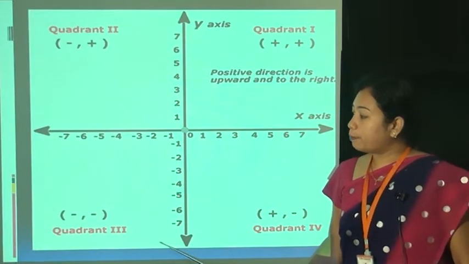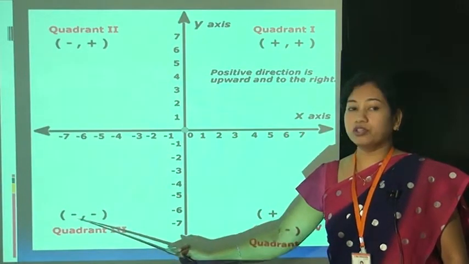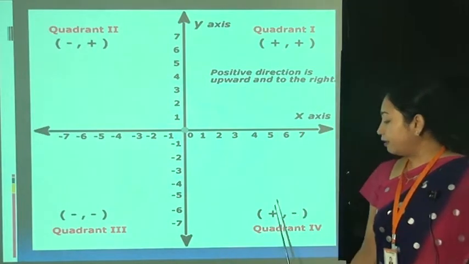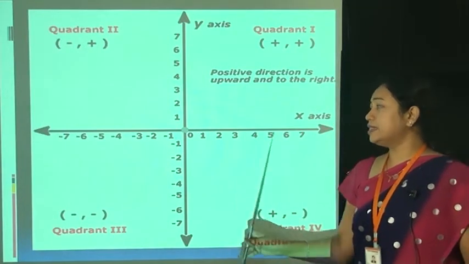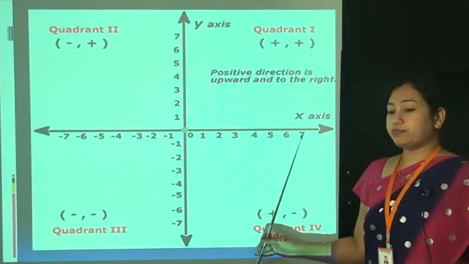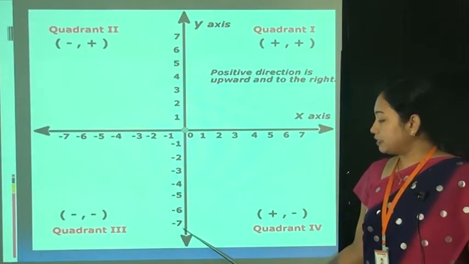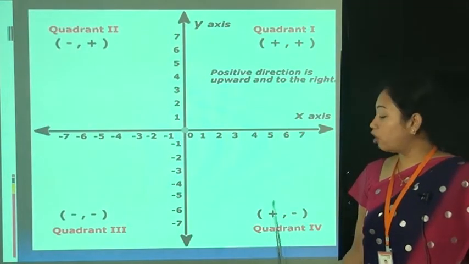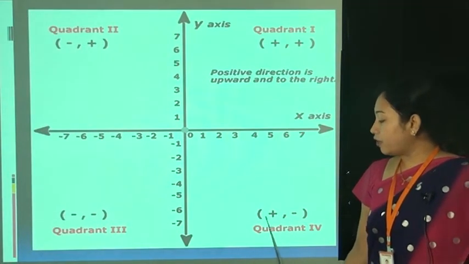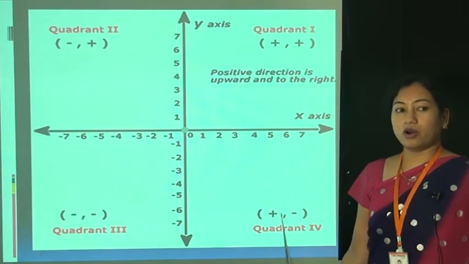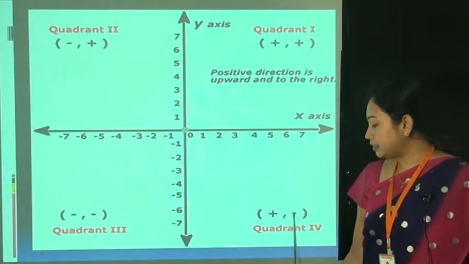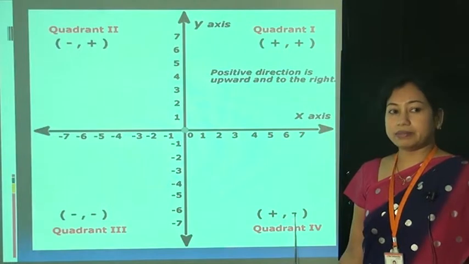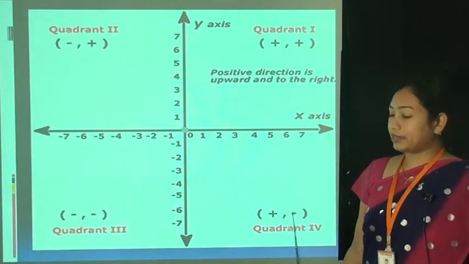That means the coordinates of both are negative. And in the fourth quadrant the value of x is positive and the value of y is negative. That means first positive and then negative. Always remember one thing, the first symbol is always denoted on the x axis and the second symbol is always on the y axis.